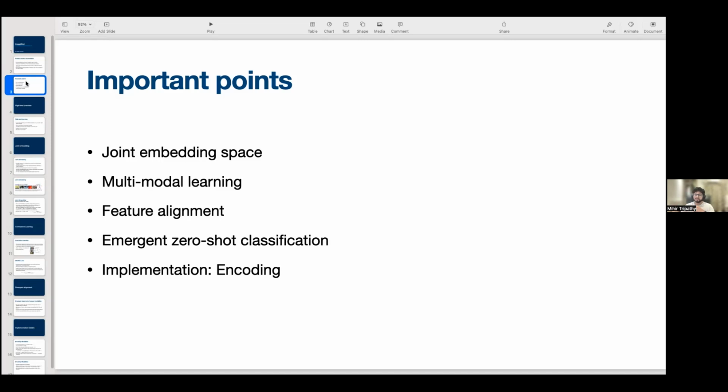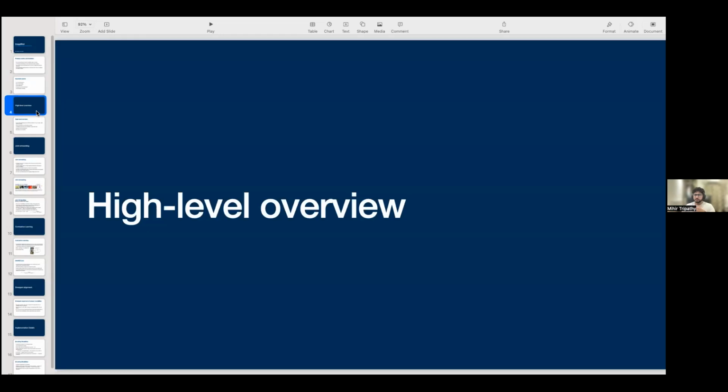So this results in the emergent zero-shot classification. Even though the modalities are not directly trained together, one modality can be used to predict another modality. And finally, I'll be describing how this paper plans to implement it.